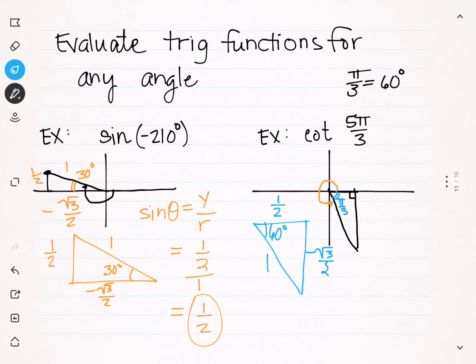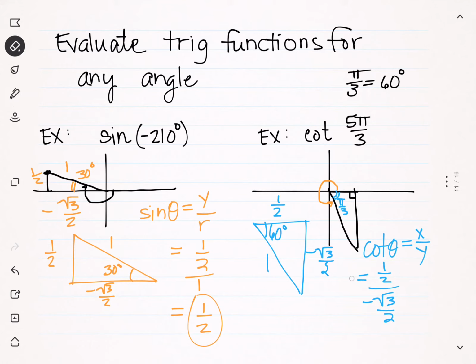Then cotangent of an angle theta is x over y. So we want to do x, 1/2, divided by y, negative root 3 over 2. We want to flip and multiply there.